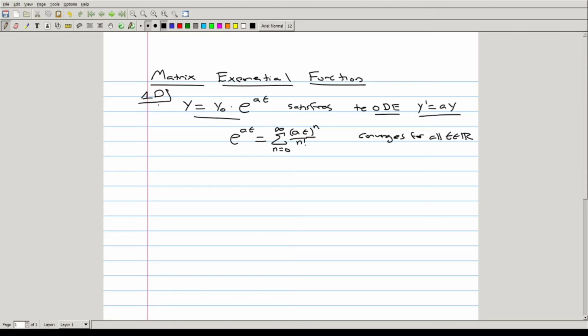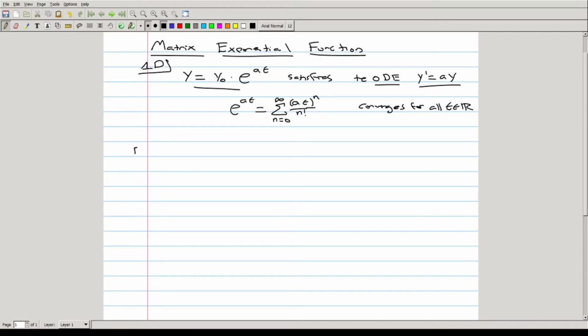Not only that, but we can actually use this in general, if the matrix has certain properties, if it's not constant but a function of time, as long as it has certain properties. So this is going to be really amazing.